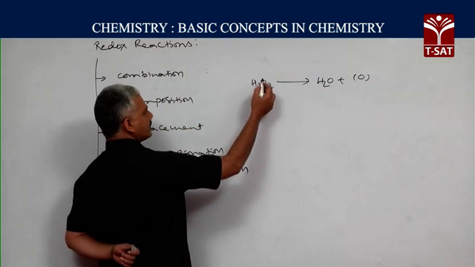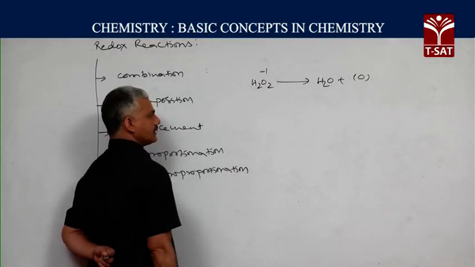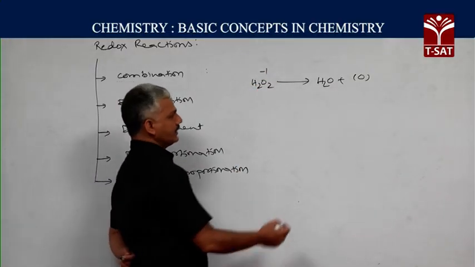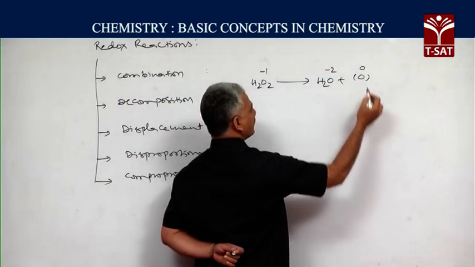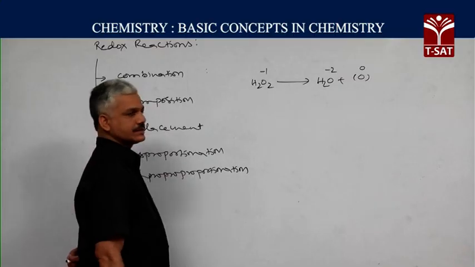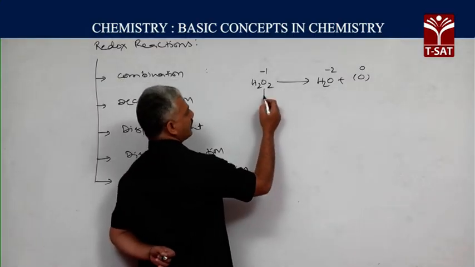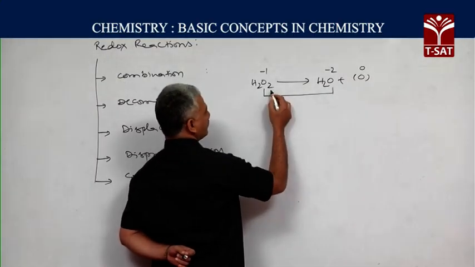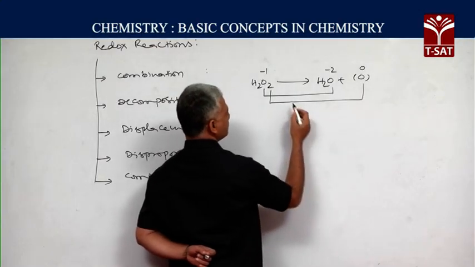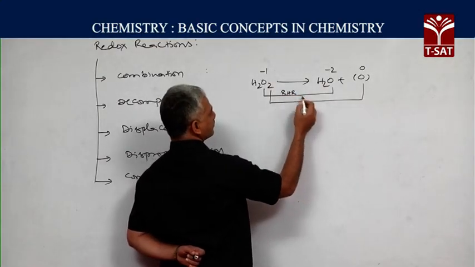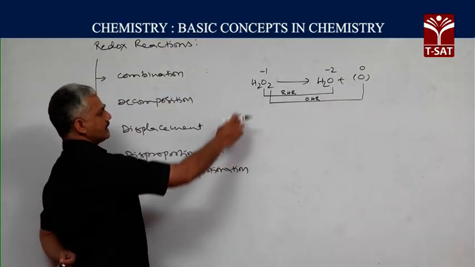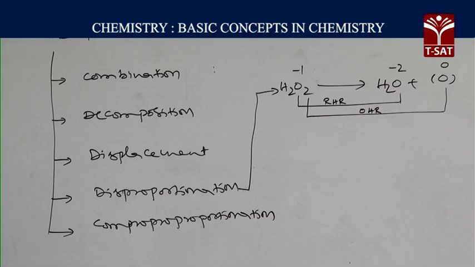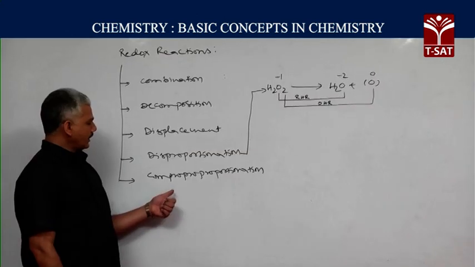In this reaction, oxygen's oxidation state on the reactant side is -1, on the product side in water it is -2 and in nascent oxygen it is 0. So, oxygen is undergoing both reduction as well as oxidation. So, this is an example of a disproportionation reaction.